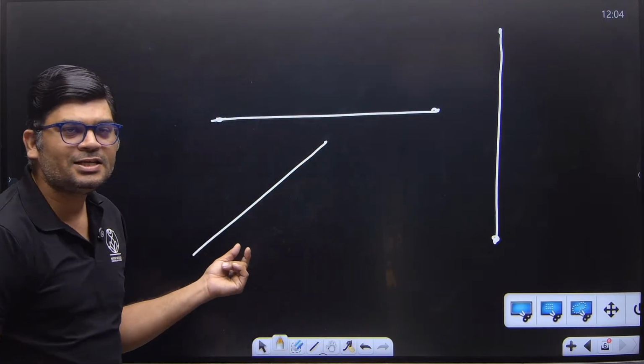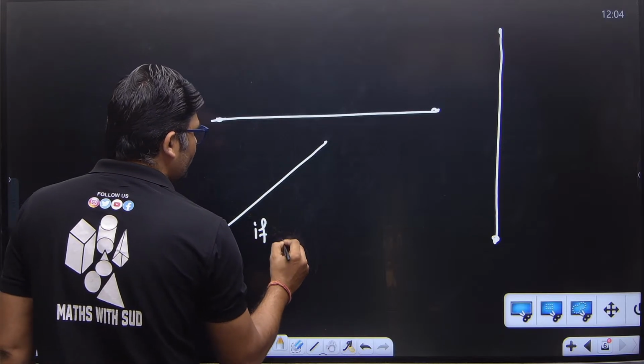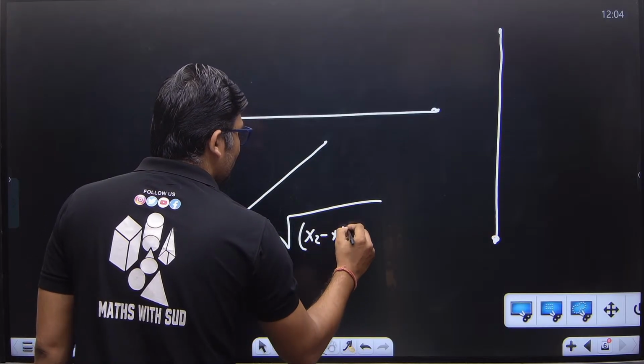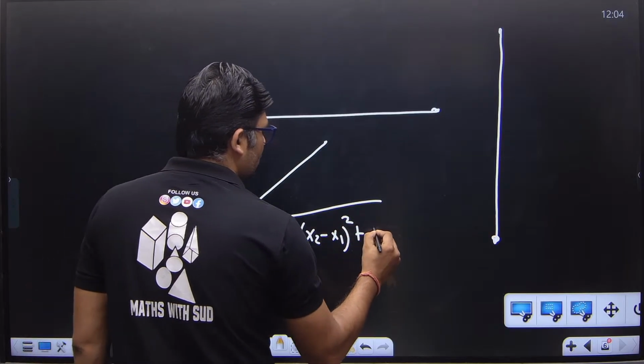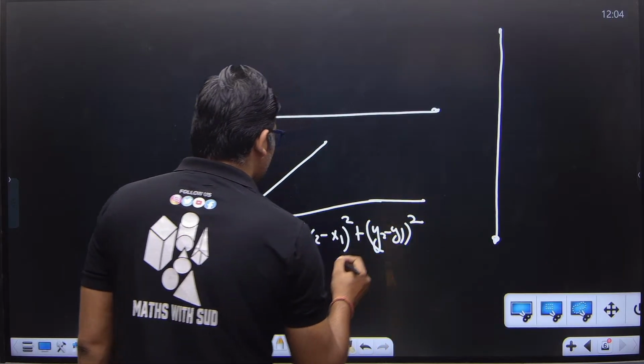In the x-axis and y-axis, you have to look for x2 minus x1 and y2 minus y1 whole square. Just check it out.